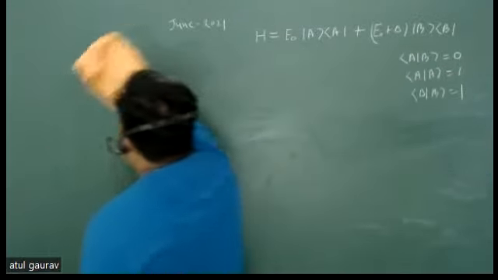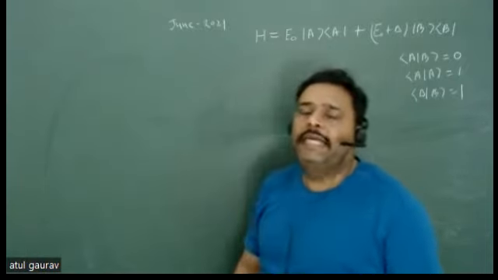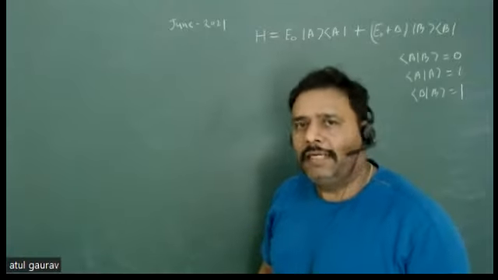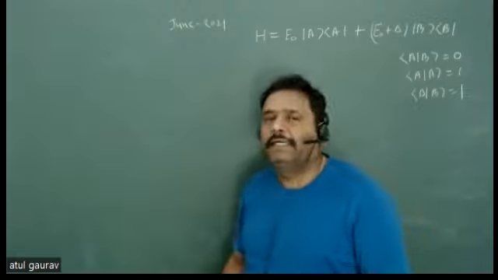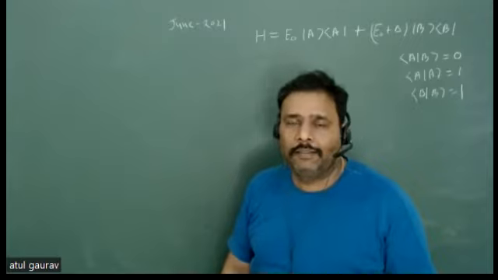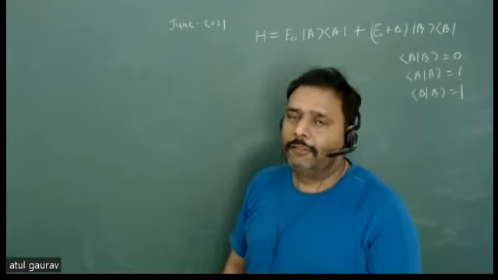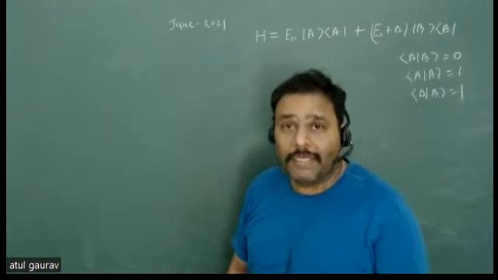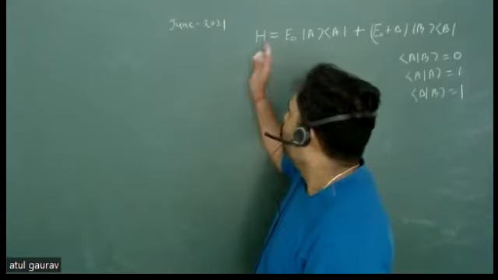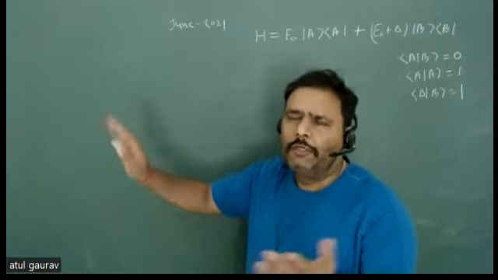At t is equal to 0, we create a state from the eigenstate of the Hamiltonian, which will have even parity at t is equal to 0. So first we have to calculate the eigenvalue and the eigenstate of the Hamiltonian operator.